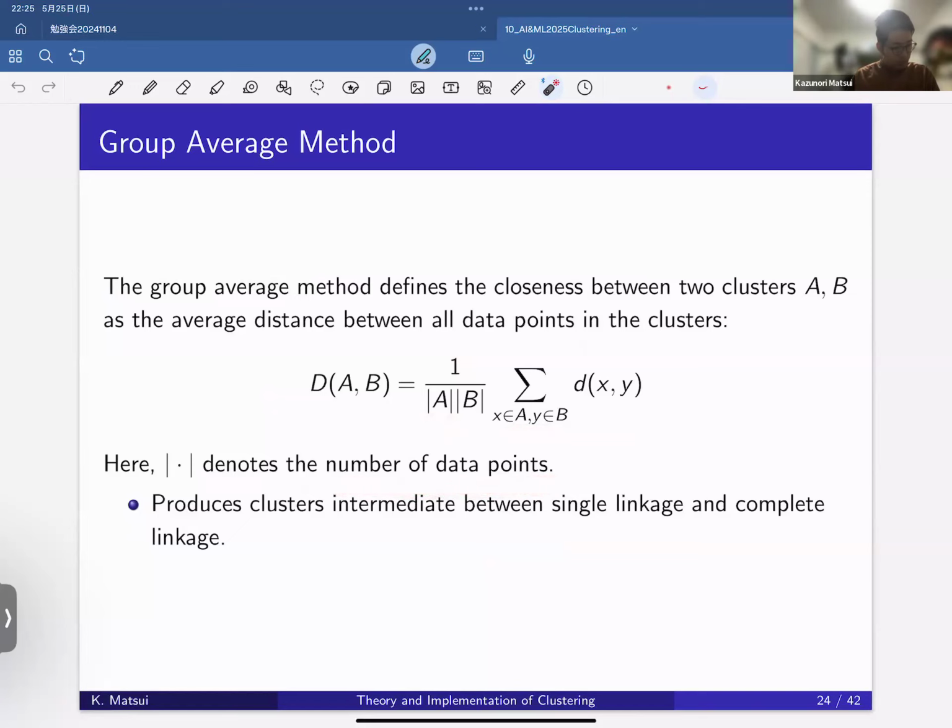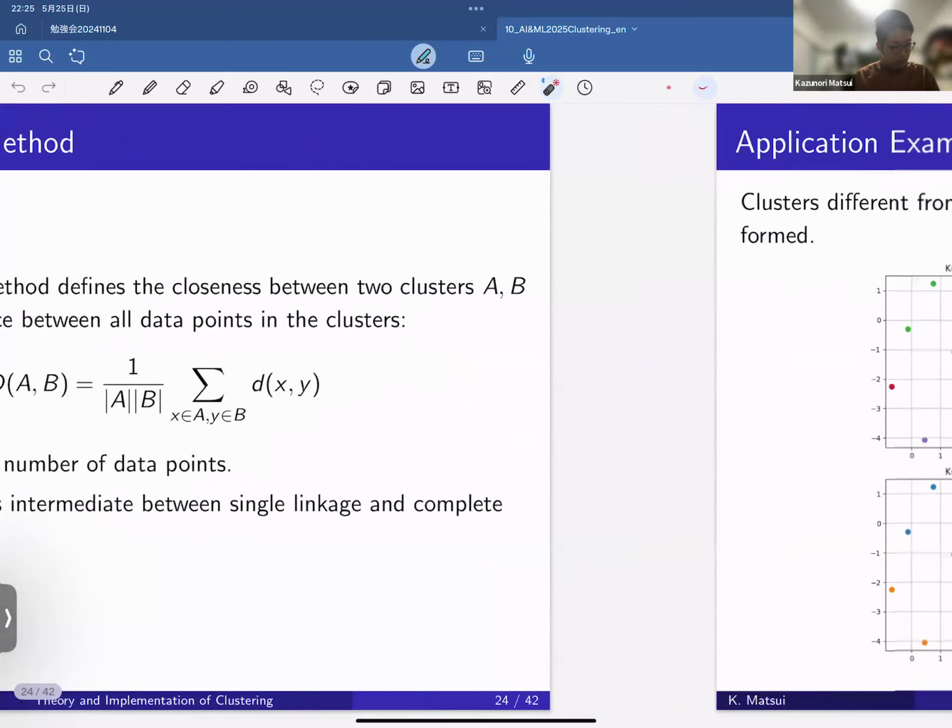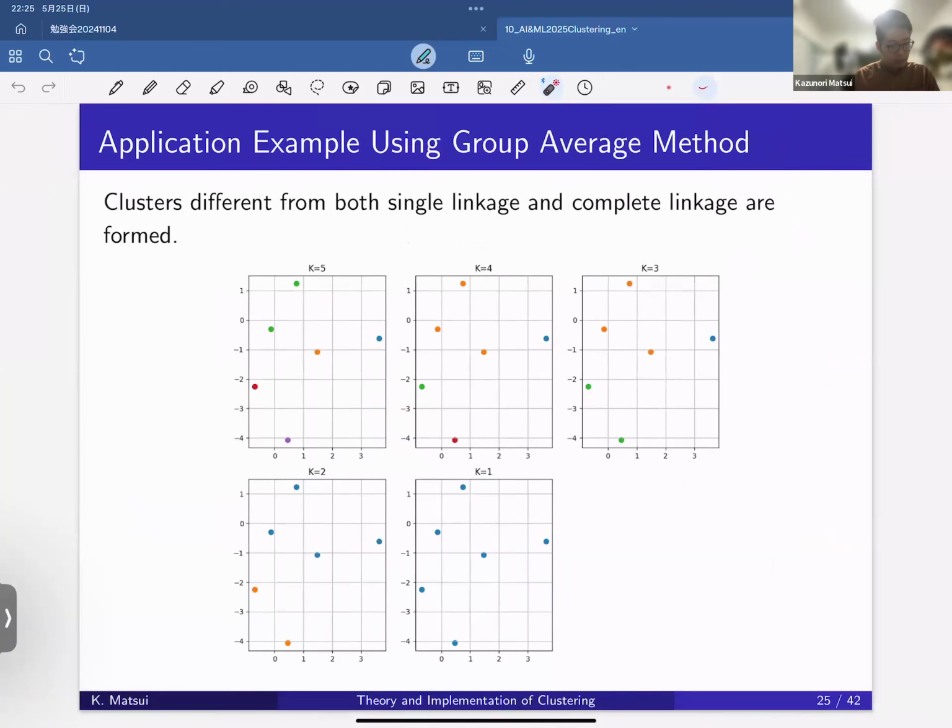It is known to produce clusters intermediate between single linkage and complete linkage. When we try the same example as before, in the single linkage method one large cluster kept growing, but that's not the case here. We can see that clusters different from both single linkage and complete linkage are formed. It's especially clear when the number of clusters is 3.